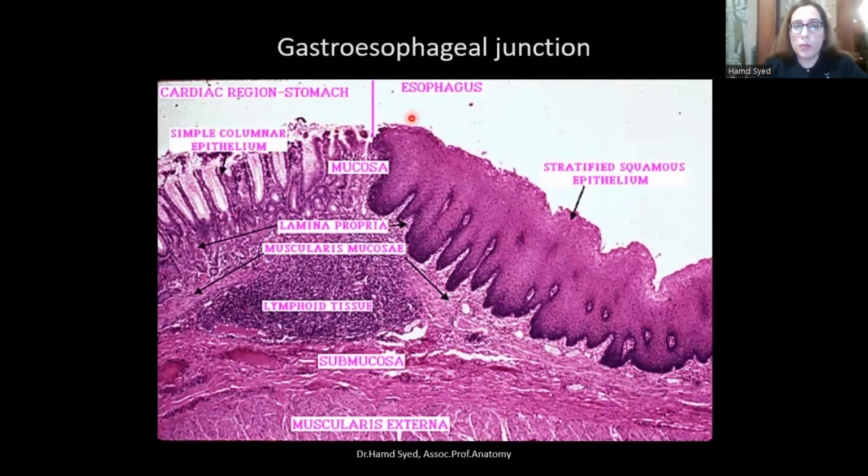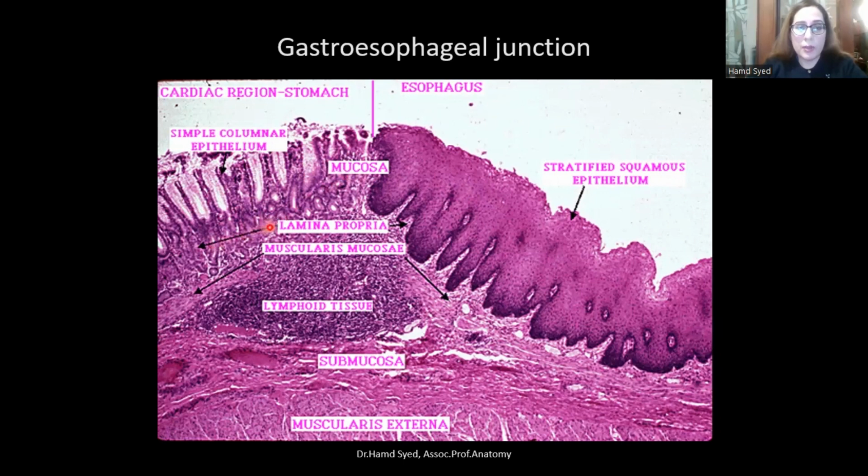Here is another histomicrograph which is showing us a much clearer aspect, where we can see this here is the stratified squamous non-keratinized epithelium of the esophagus. And here on the left of this slide, it has abruptly changed into the simple columnar epithelium, which is the innermost lining of the mucosa of the stomach. We also appreciate the other layers in the stomach wall.